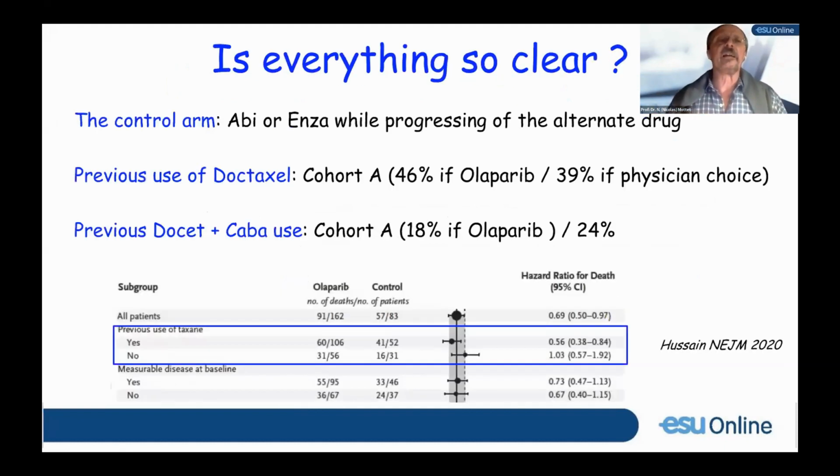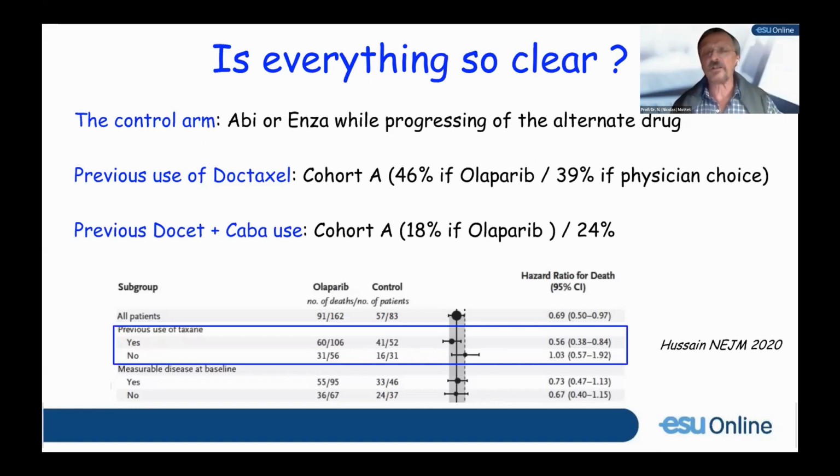Is everything so clear? Even worse, even worse. Have a look at the control arm. Patients that ought to have received either ABI or ENZA, and the control arm was the drug that was not used before. Reusing such a drug, we know that it's probably not the best way to go. The previous use of docetaxel, you have it here. The previous use of combination therapy with 2 chemo, it's here.